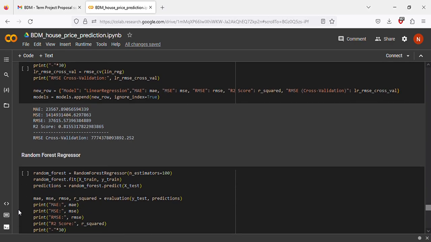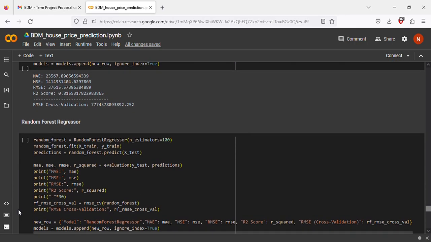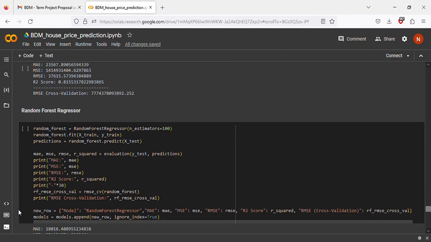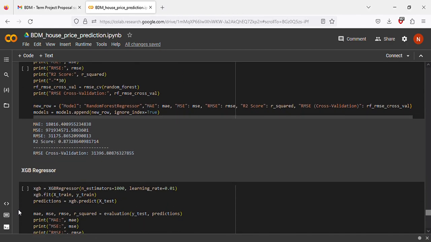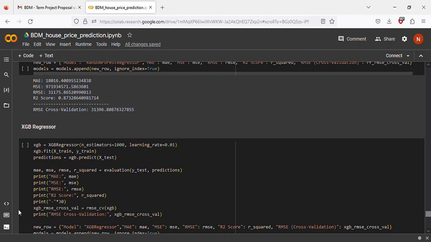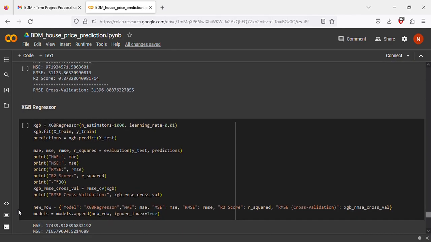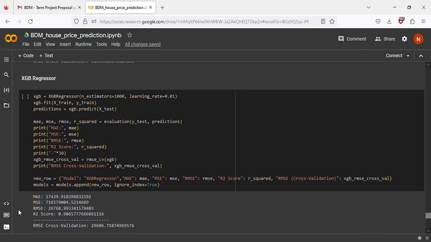Similarly, random forest regressor can be used for the same prediction, where R2 score is 0.87, which is higher than that of linear regression. Also, XGB regressor, which stands for extreme gradient boost regressor, can be used for prediction, for which we are obtaining R2 score of 0.90.